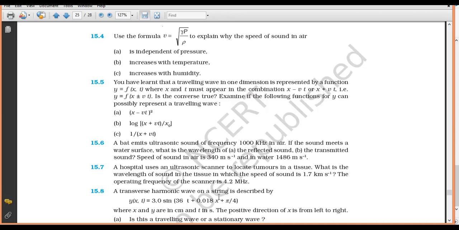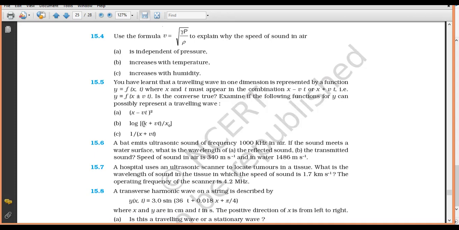Okay, so the explanation here is a little bit mathematical, just like what I said in the oscillations chapter. So, for example, log: I cannot find a value when x is equal to 0 and time t is equal to 0.